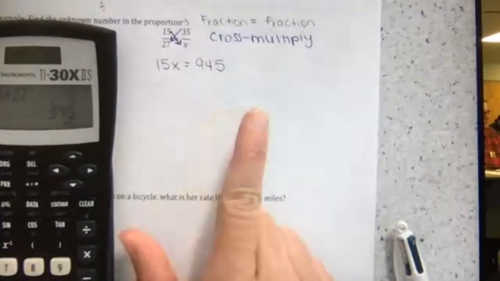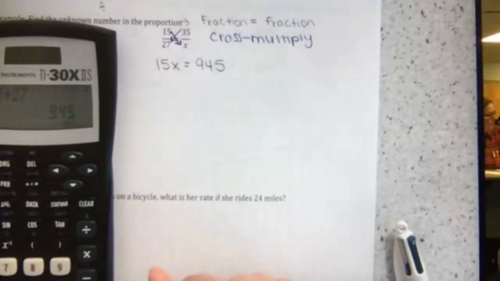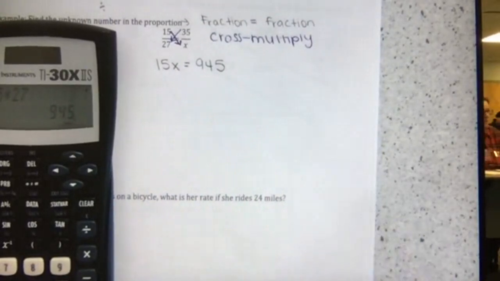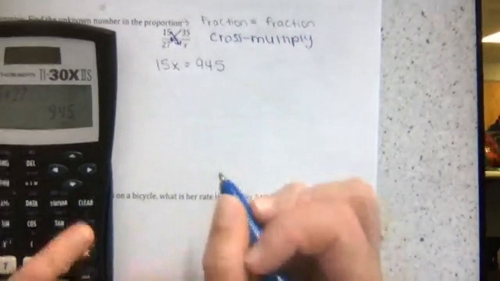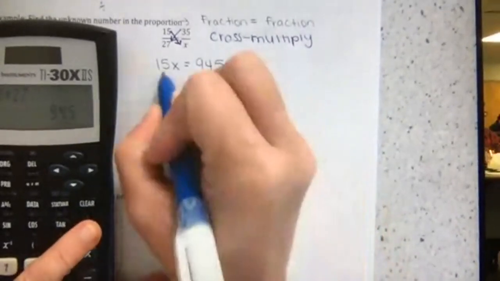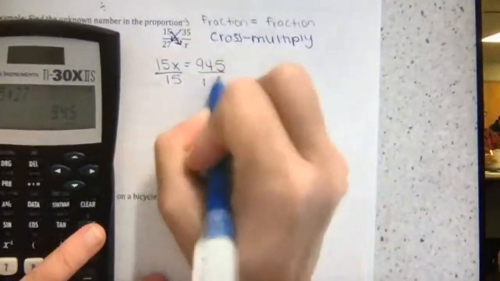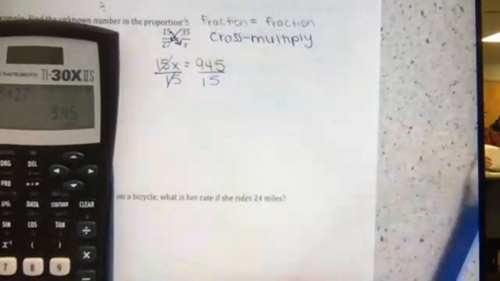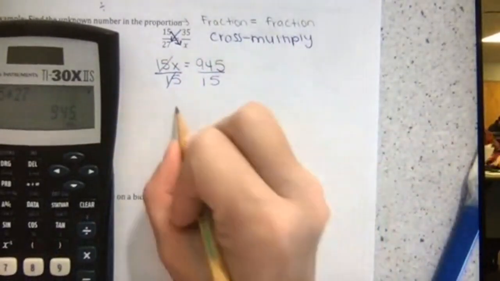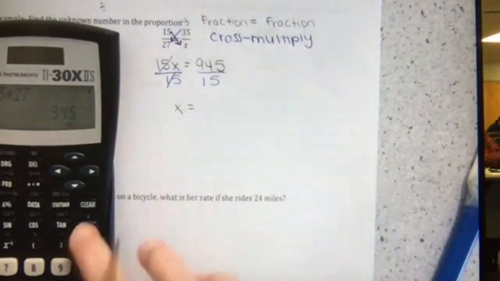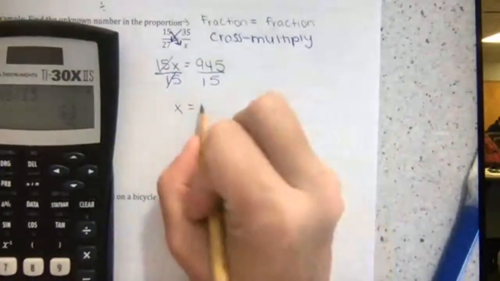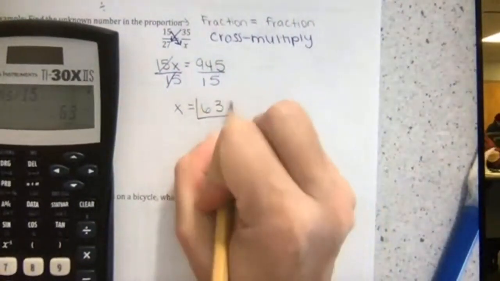Technically what we're doing is multiplying by the denominator, so that's kind of why this works. If I have 15 times x, how could I get x by itself? Divide by 15. Thank you. That way those cancel. So we're left with x equals 945 divided by 15, which is 63.